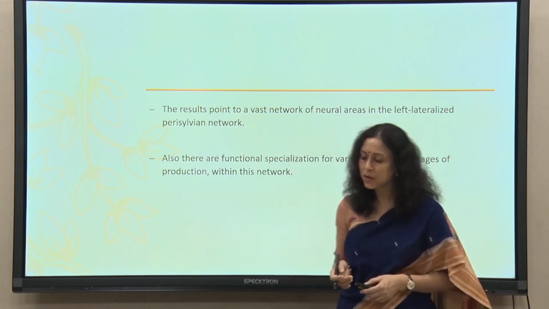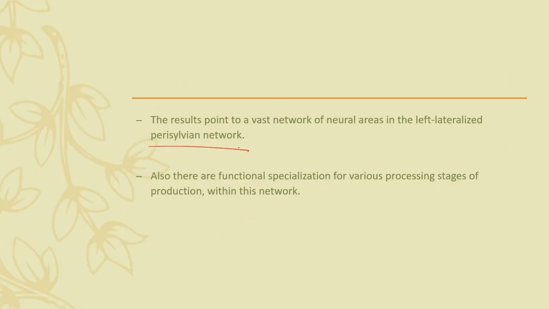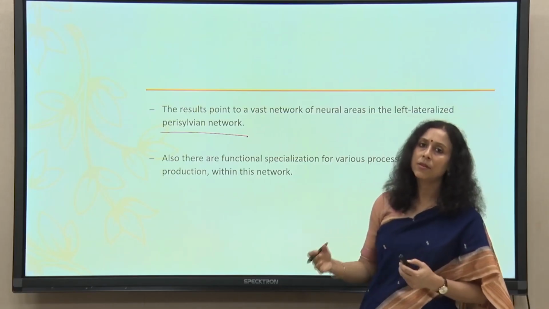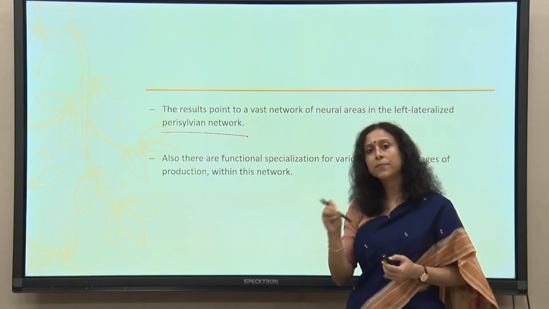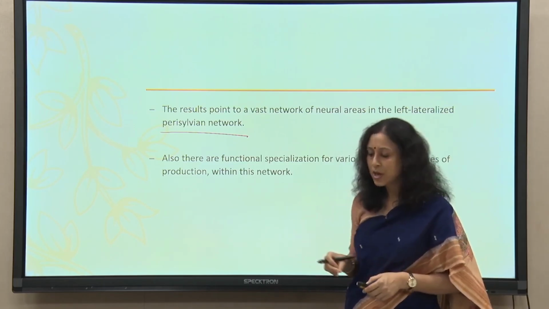So, all these various types of studies have pointed to a huge vast network of neural areas in the left lateralized perisylvian network. Also, there are functional specializations for various processing stages of production within this network. So, there is a huge network of cortical regions that are responsible for this. However, there are certain domains that are specialized for many of those functions.